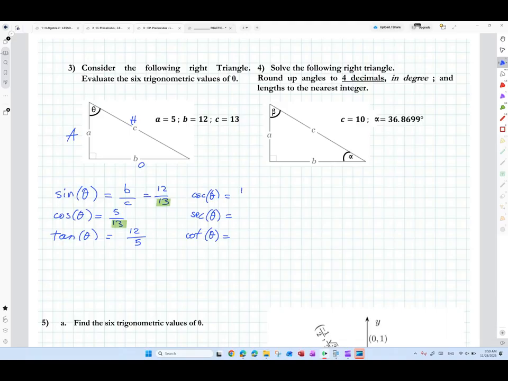So I'll have 13 over 12, 13 over 5, and finally 5 over 12 for the cotangent.